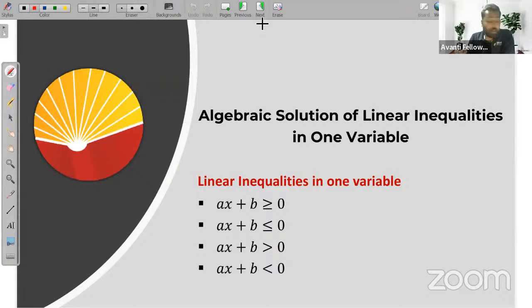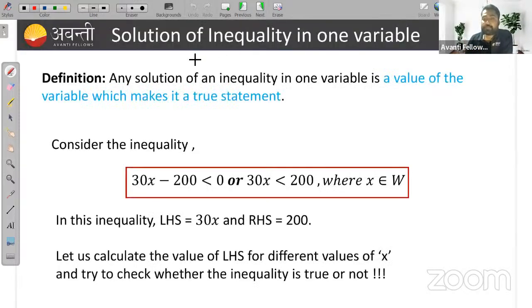So how can we solve an algebraic inequality? You two guys, you can respond in the chat box also. So how can you solve the linear inequality in one variable algebraically? Let's see. Suppose, we have already seen this example, 30x minus 200 is less than 0.